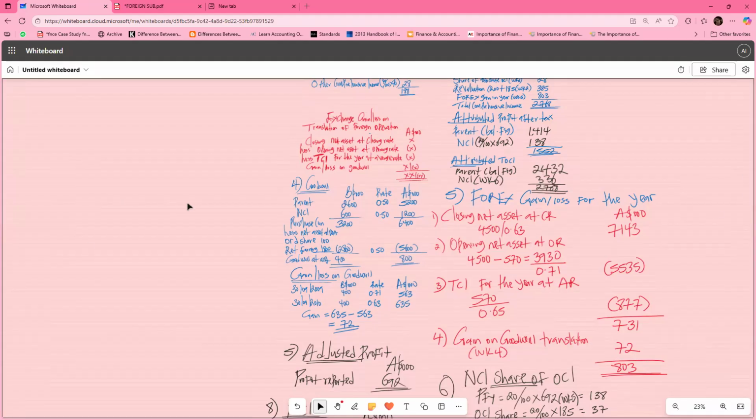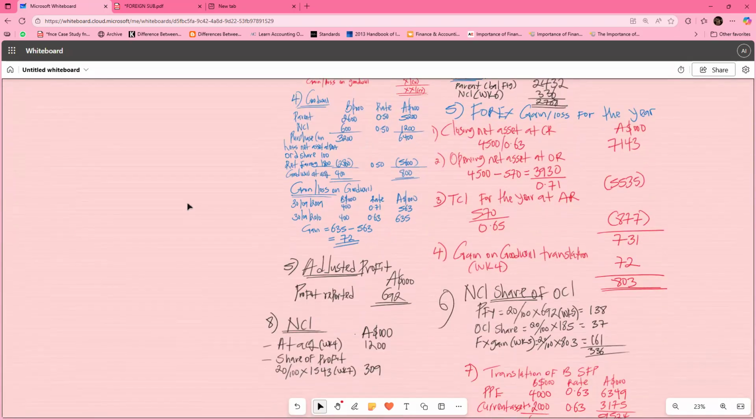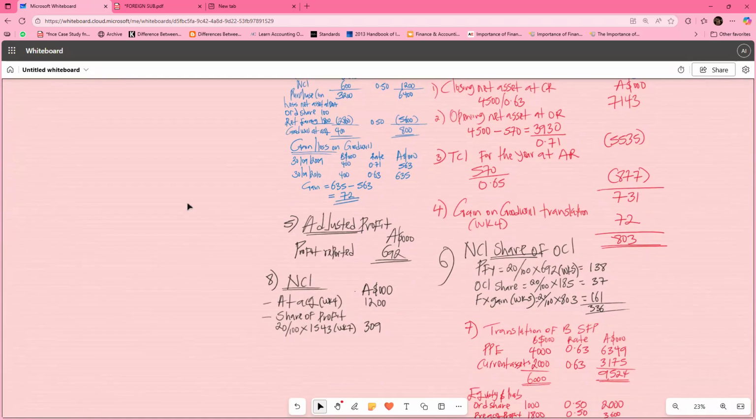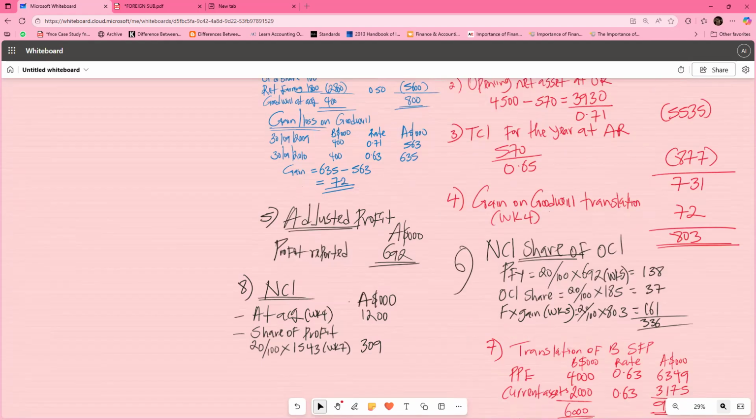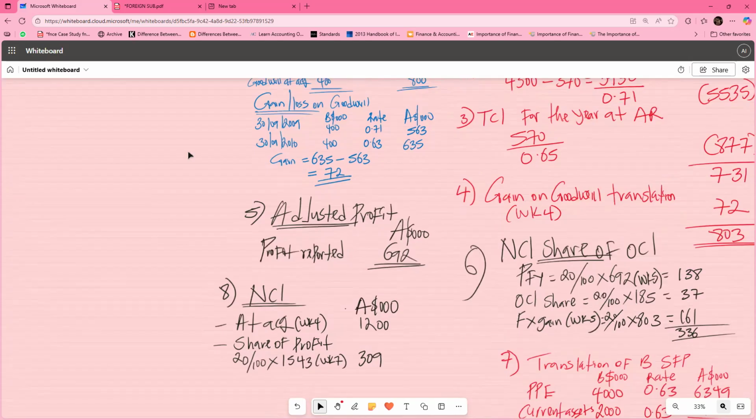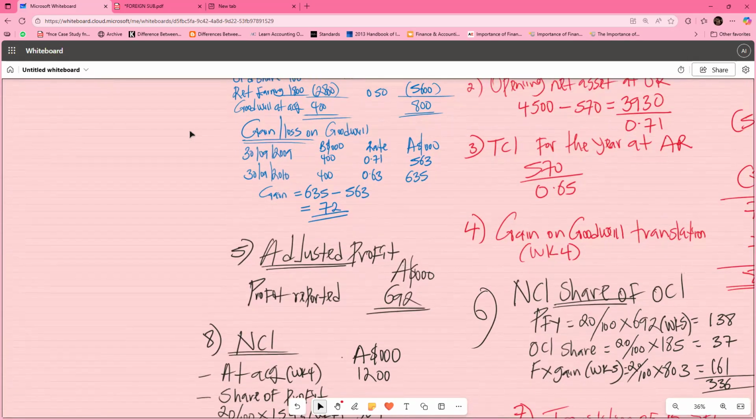There's a particular working that we need to do, and this is it. We need to look at the overall gain or loss on the goodwill. If you look at this table, on 30th of September 2009, it is 563.